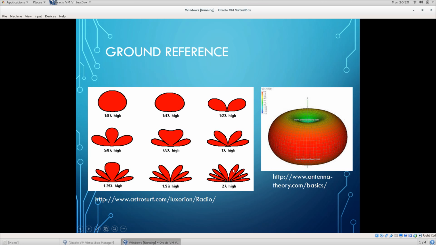So this is where we would see the donut. If you took this one half wavelength high, this would look very similar to this, right? If it was revolved. Just imagine that this is revolved around in this plane, in the XY plane, right? And imagine that's the Z. So this is the kind of thing that happens just because of where the antenna is located near a ground plane. Now the ground plane could be the ground, it could be a metal plate, it could be a lot of different things.